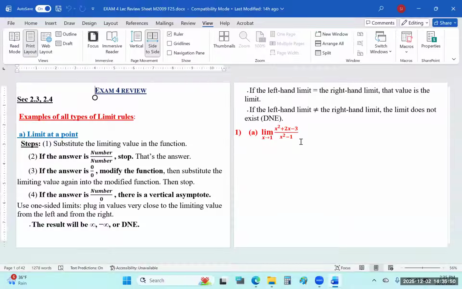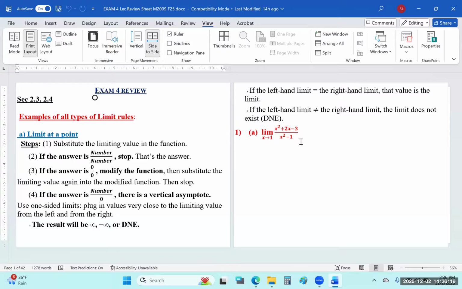If the left number equals the right number, then that's our limit. If both numbers are different, then the limit doesn't exist. For a vertical asymptote, we don't get a number as our limit. We're supposed to get infinity. So these are the 3 types of limit we have at a point.